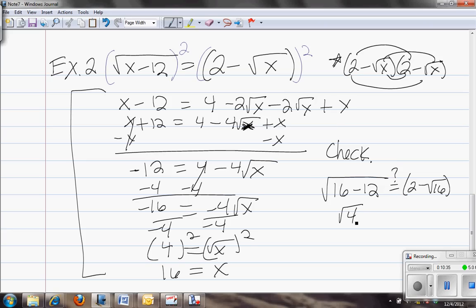Well, square root of 4, is that equal to 2 minus 4? Ew, not looking good. 2 does not equal negative 2, because I would have had 2 minus 4, which would have been negative 2. So this is an extraneous solution.